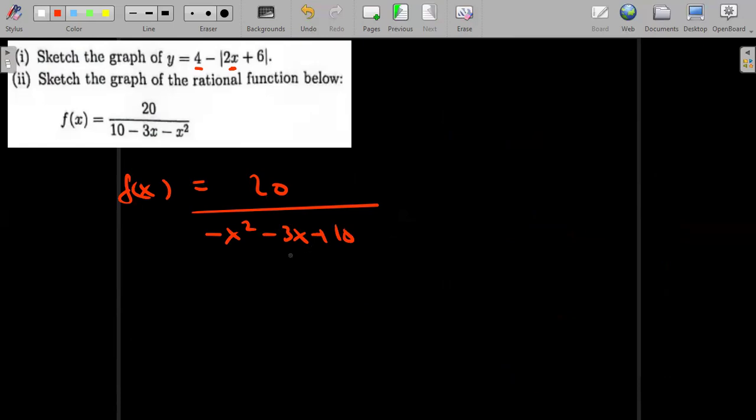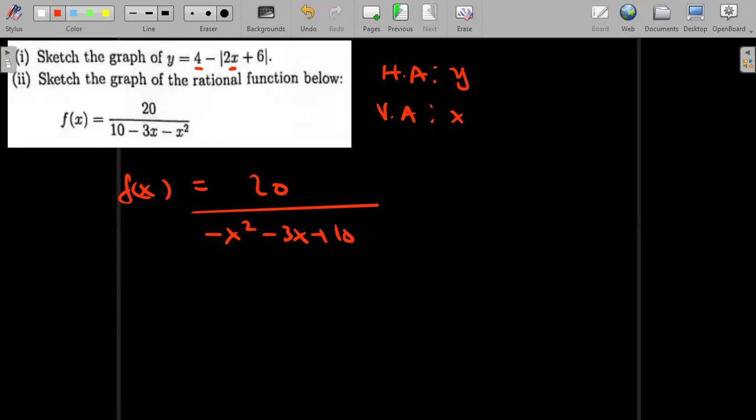In order to graph a rational function, you must have your asymptotes, that's your horizontal asymptote and your vertical asymptote. Your horizontal asymptote is cutting the y, so it's the y value, and your vertical is the x value.